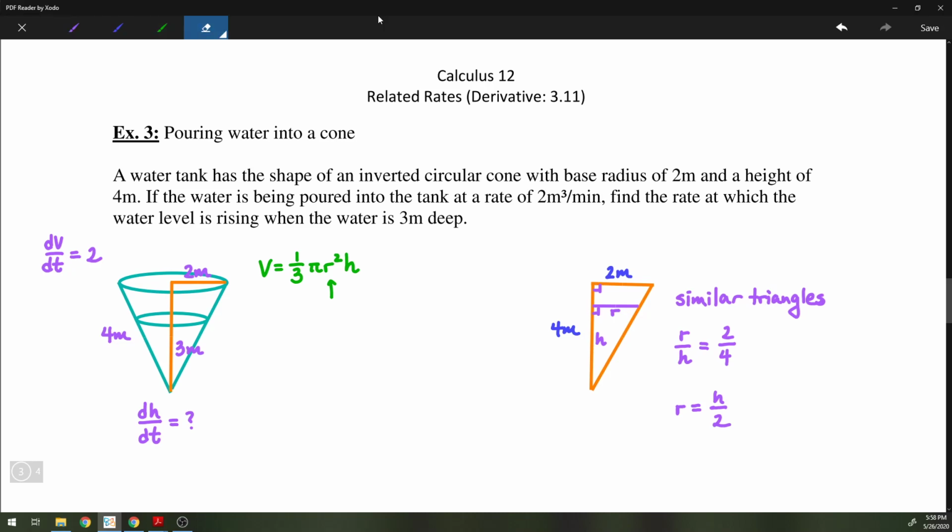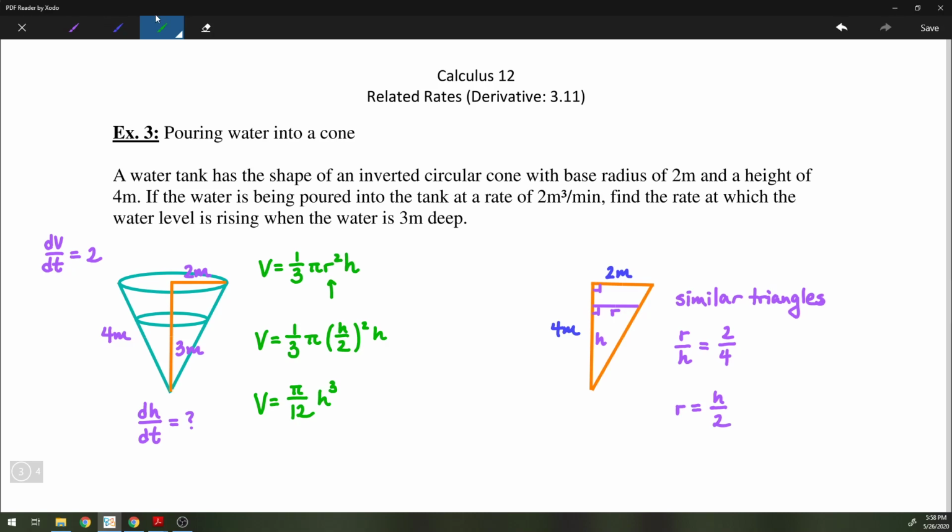And we can substitute that into our equation here on the left. So we have V is equal to 1/3 pi, and then H over 2 squared times H. Multiply everything out, that will be pi over 12 and H cubed.